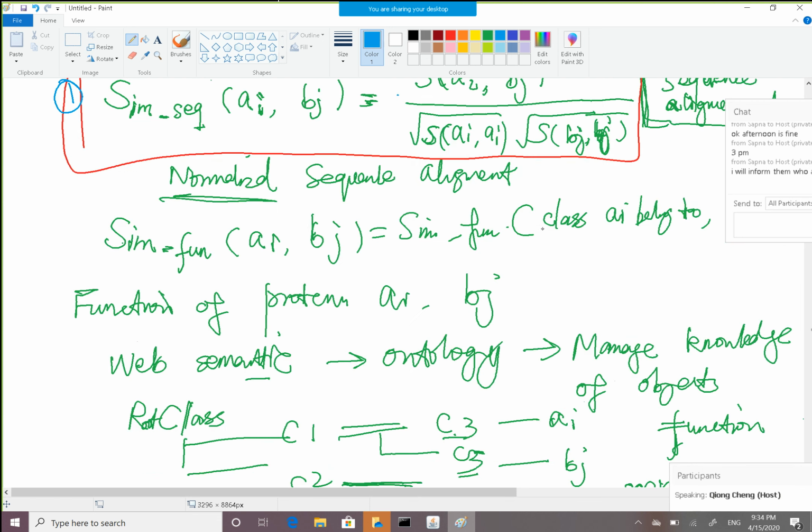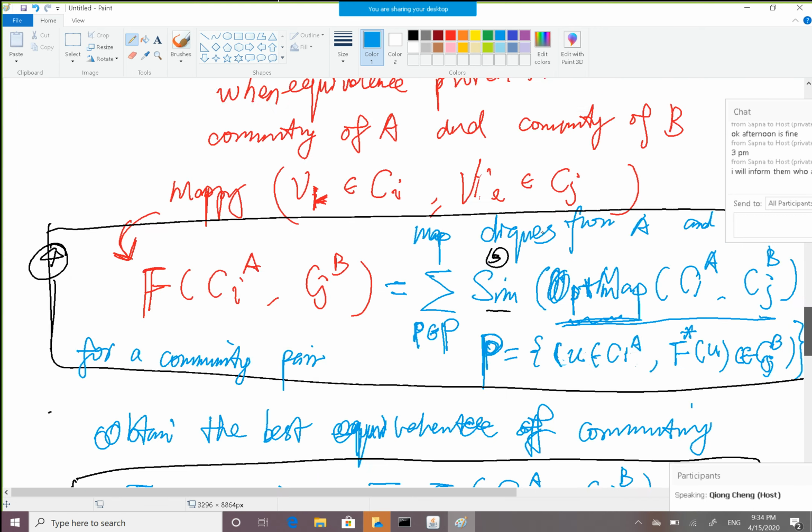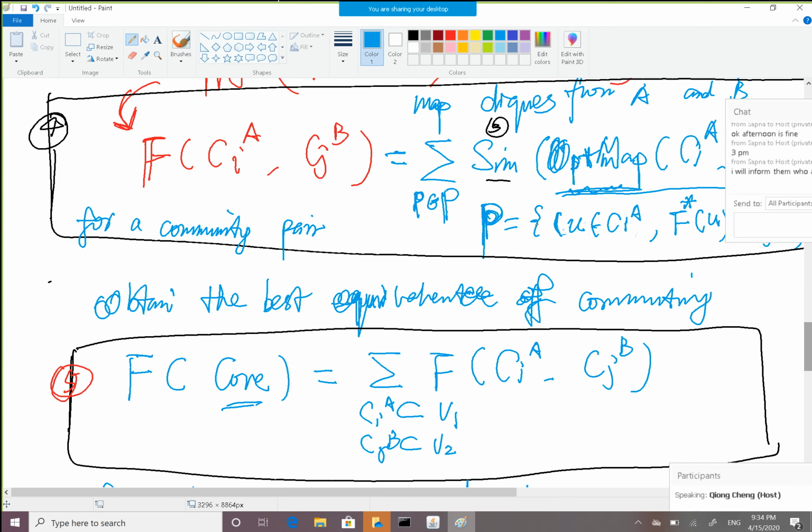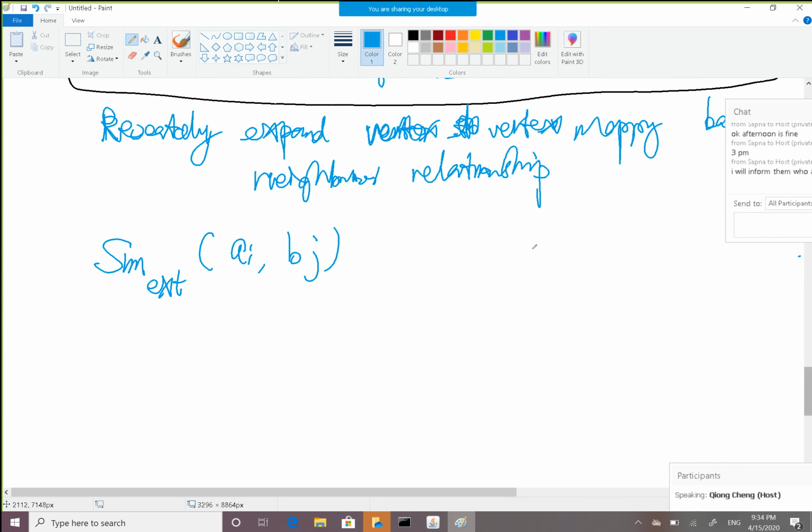This is what they mention, checking when they expand from there. They can also expand from the vertices which are in the core, right? And this is equal to the best mapping of AI, BJ, right? So let's just see here. This is the main step, right?